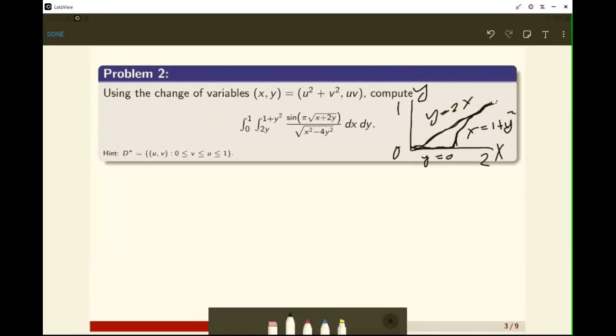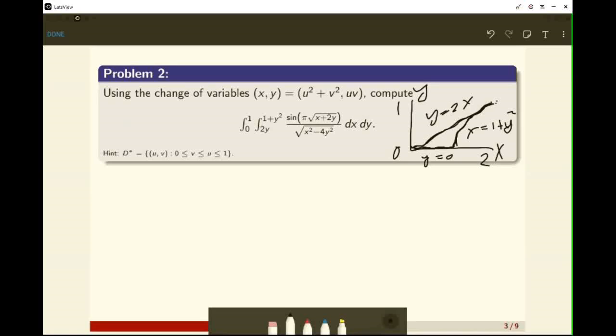Our curve y equals 0 is going to be a curve where one of u or v equals 0, and we can see that because the terms for x and for y are symmetric in u and v, so we could exchange u and v and not change the values.